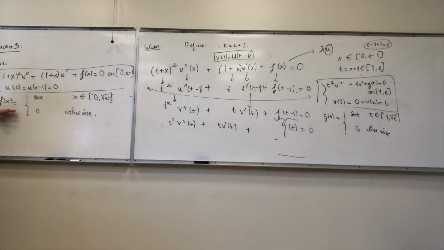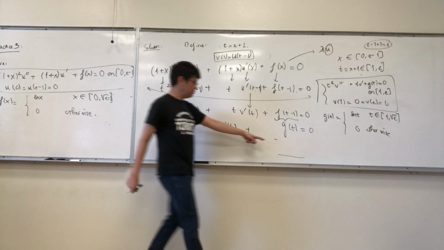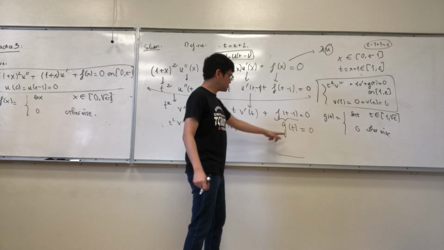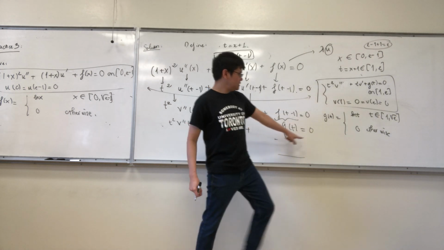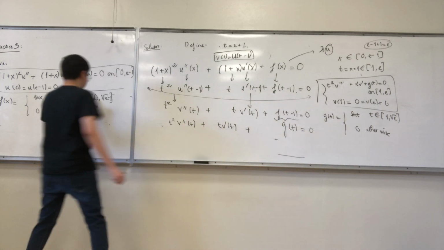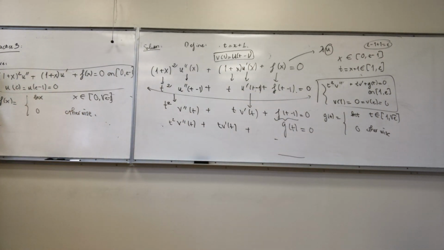So the g of t will be f of t minus 1. Alright? Which means that the range of g is from 1 to e. You just shift one unit and you have the same function, right? Yes? Why isn't it ln of t minus 1?